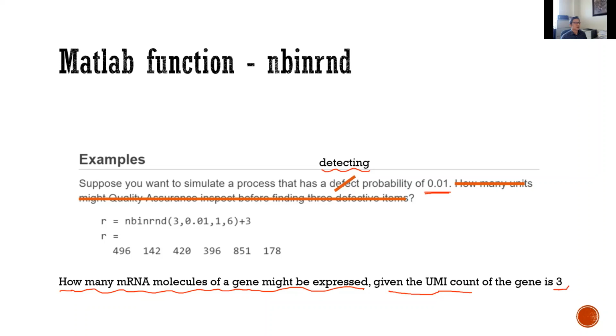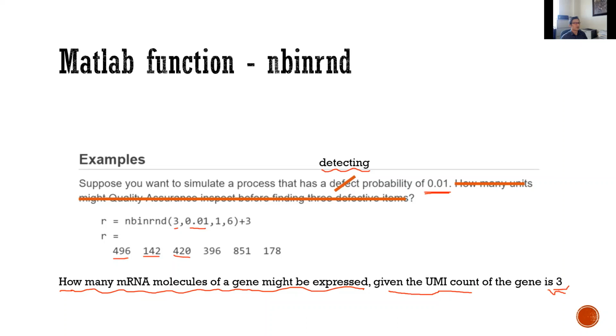So this question is, if we observe in the expression matrix that a gene expression level is 3, and we know the detecting probability is 1%, then what is the most likely original expression of this gene? You can simulate: if I have UMI equals 3 and detecting power 0.01, then the real gene expression number could be either this or that.